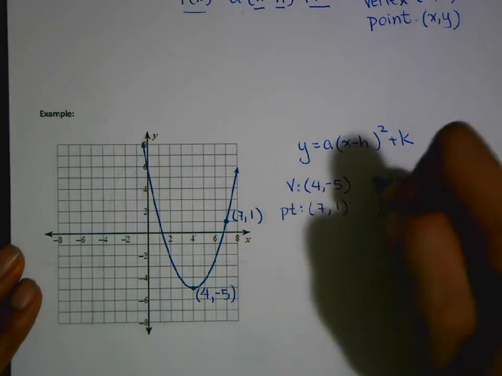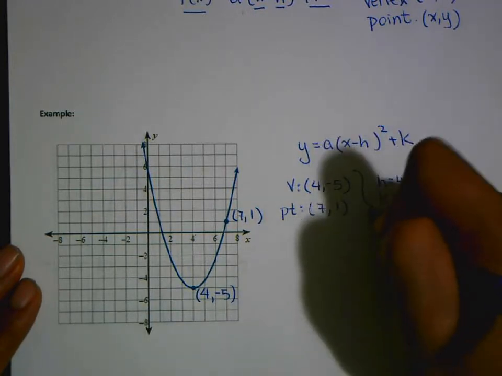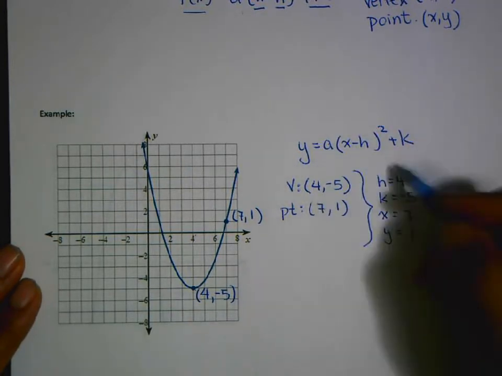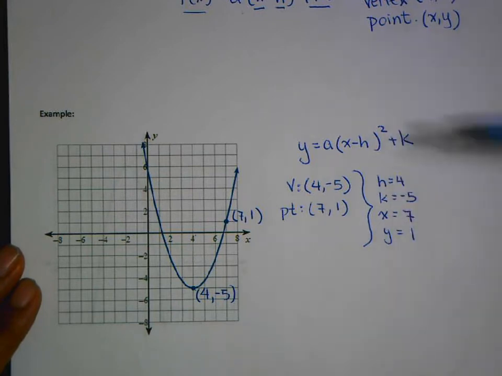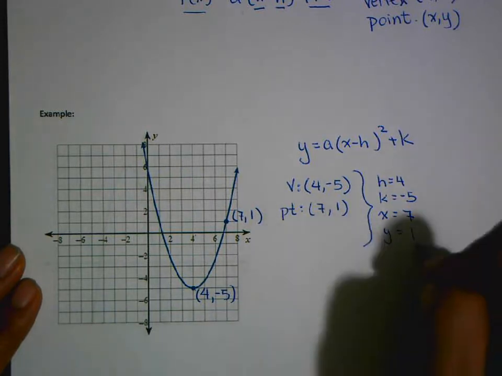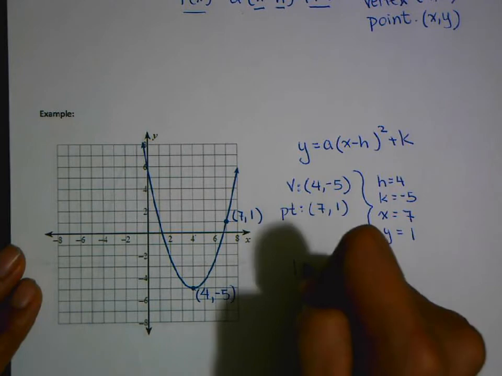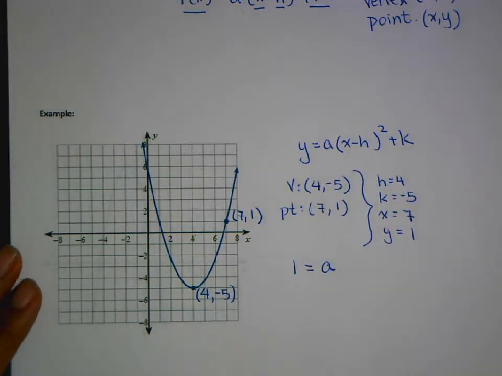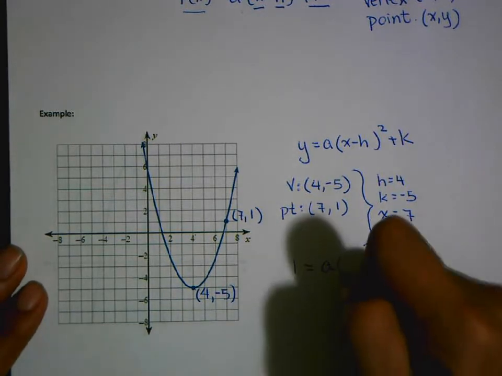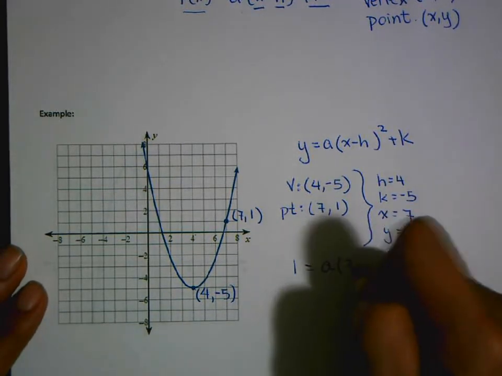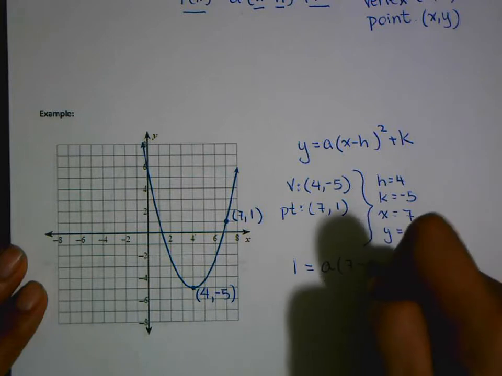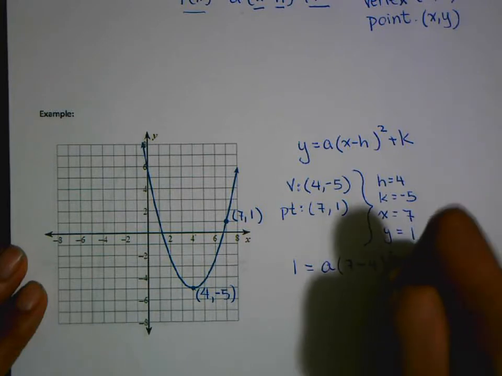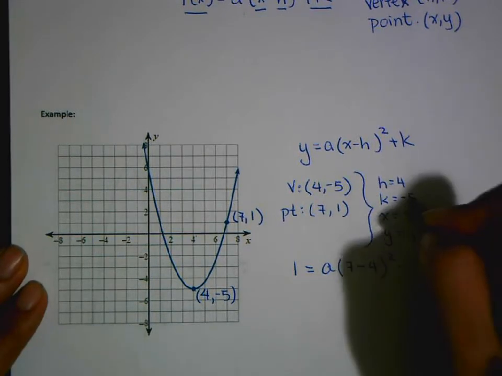We're going to use this and plug it into the y, x, h, and k of my formula. So here we go. Y is 1 equals, I don't know what my a is, so that's something I need to solve for, times x is 7 minus h is 4, squared, plus k is negative 5.